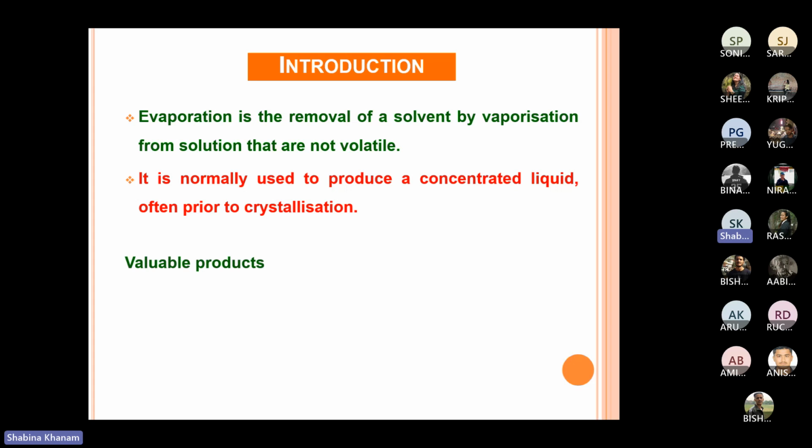As we have discussed, the valuable product here could be the thick slurry or the clear water, because in evaporation in most cases the solvent is water only. So we either have clear water, as in the example of desalination, where we use sea water to produce useful water.